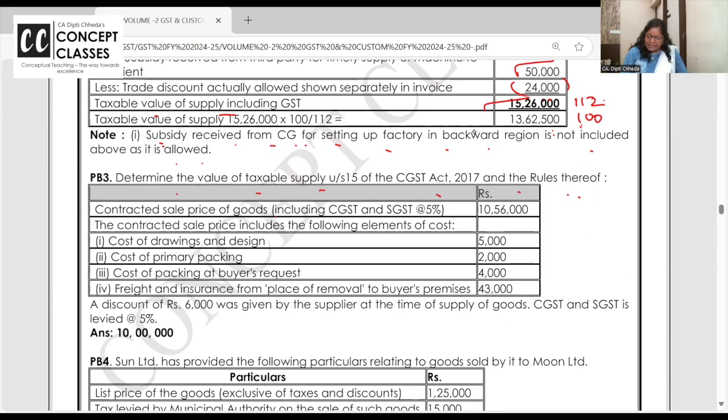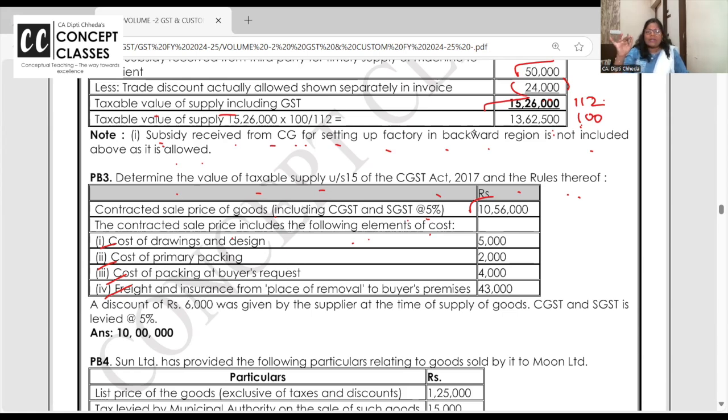Determine the value of the taxable supply. The contract price including CGST and SGST 5% is 10,56,000. This already includes the cost of drawing, primary packing, and freight insurance. So all this is already included.